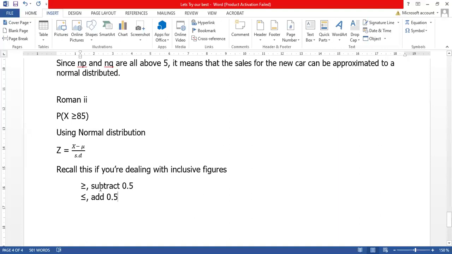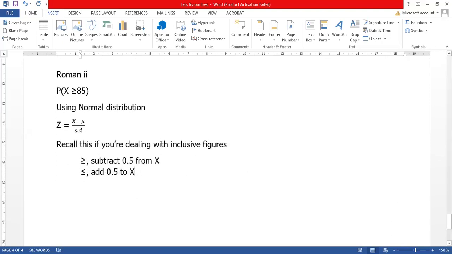You subtract 0.5 from x, then here you add 0.5 to x. So please recall these conditions. Remember, with these things we deal with exclusive figures.